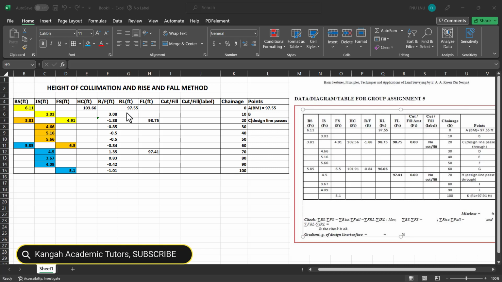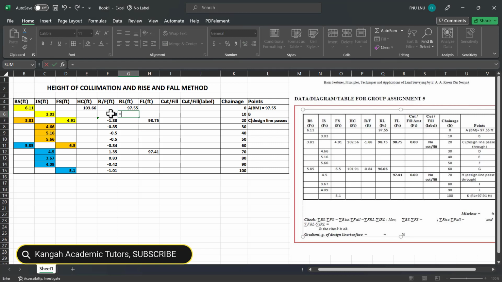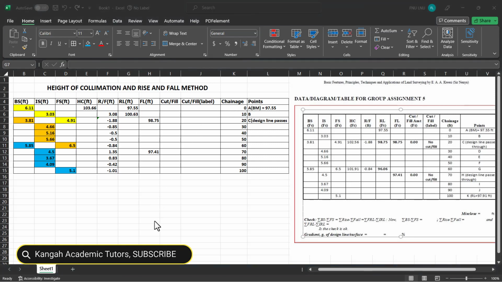We add all these values to the reduced level here. So this reduced level, 100.63, is the reduced level at change 10.